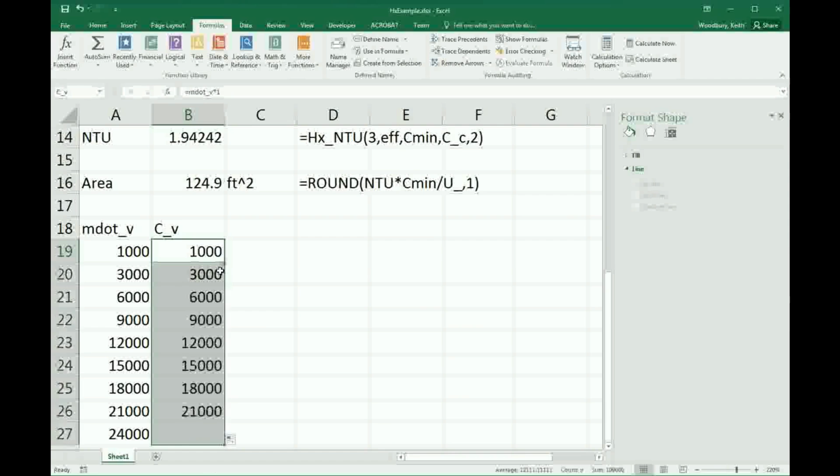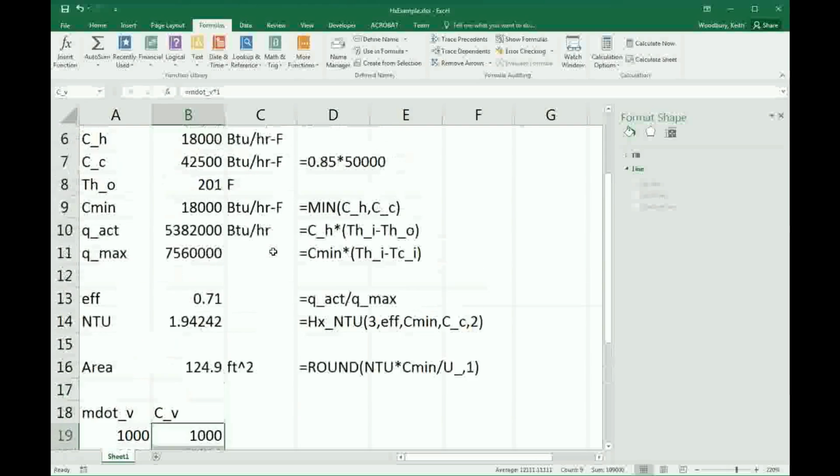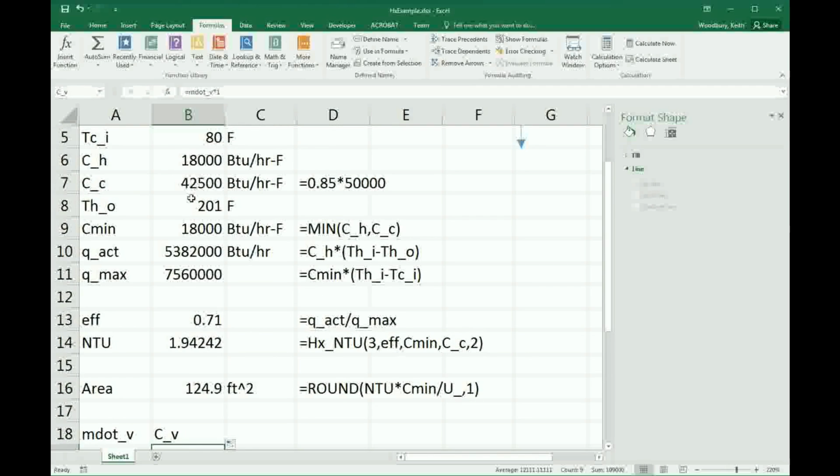So these numbers are the same. The C w, the heat capacity, is numerically equal to the mass flow rate. What are we going to need to do? We need to make sure that the minimum fluid isn't going to change, just so we're careful in our analysis.